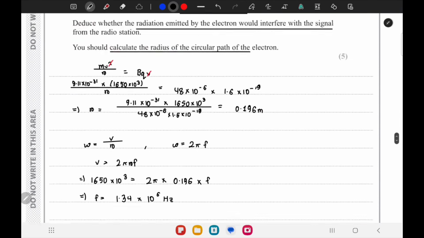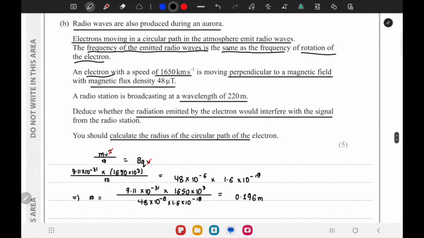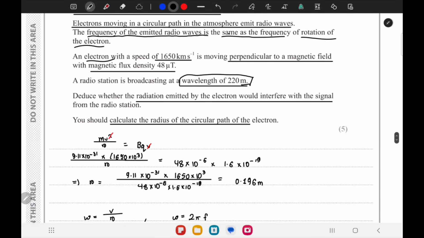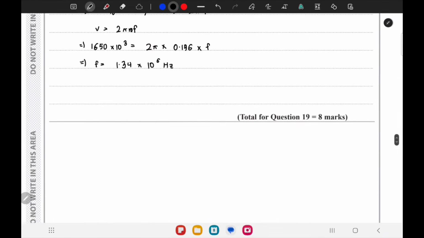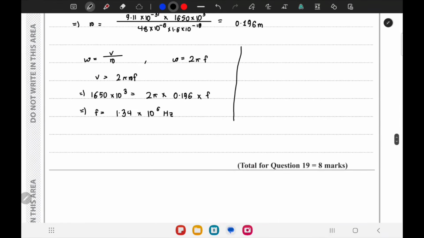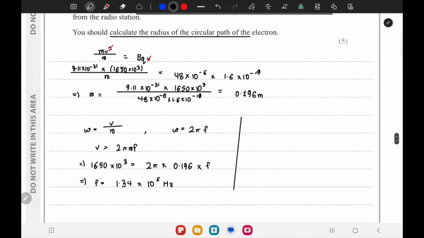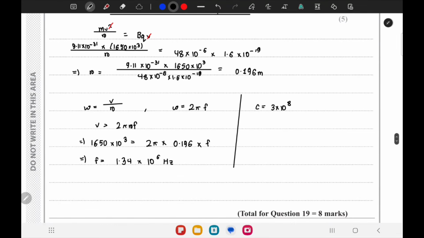Now we have to find the frequency of this station's broadcasts. Since it's a radio wave, the speed is the speed of light, so its wavelength is c by f. The frequency is the speed of light divided by its wavelength, which is 220.